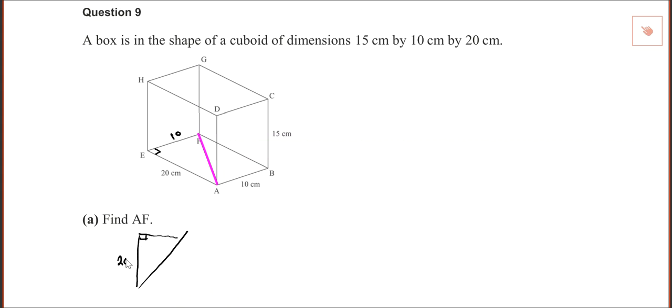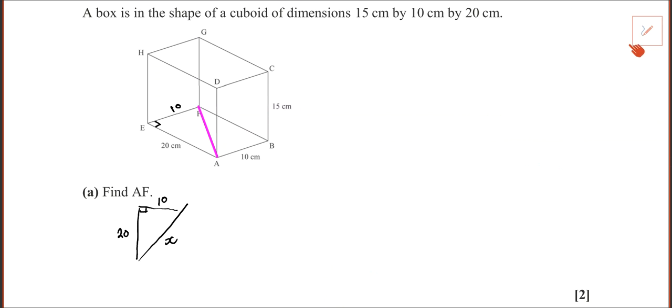So 20 and 10, and I want to know this. So hopefully, if there's no angle involved and it's a right angle triangle, you're going to use Pythagoras' Theorem. A squared plus b squared is c squared. So that's 10 squared plus 20 squared equals x squared.